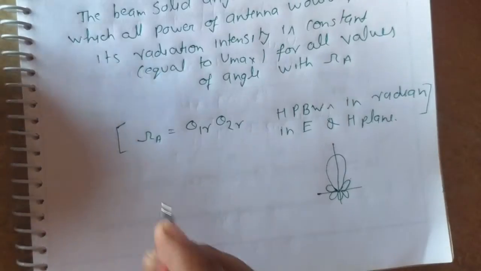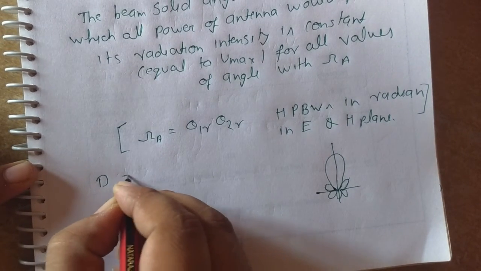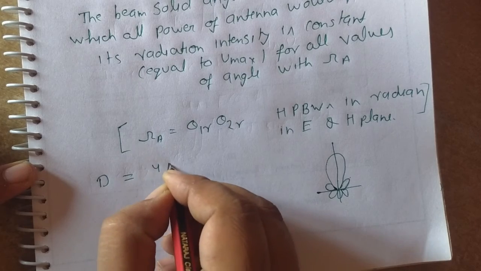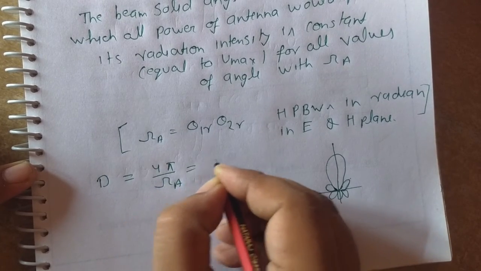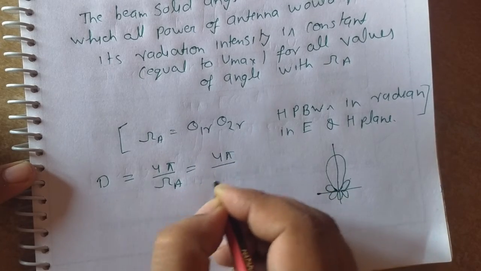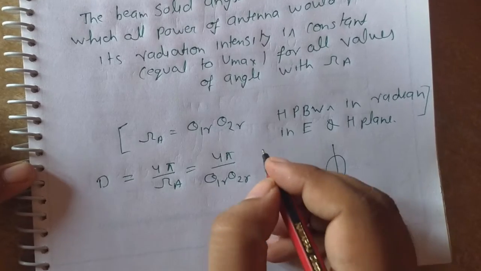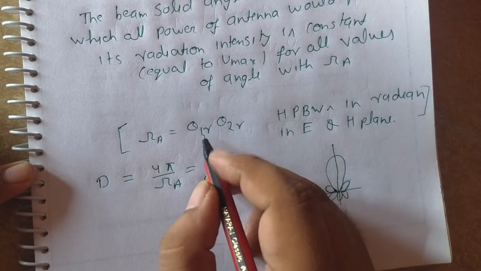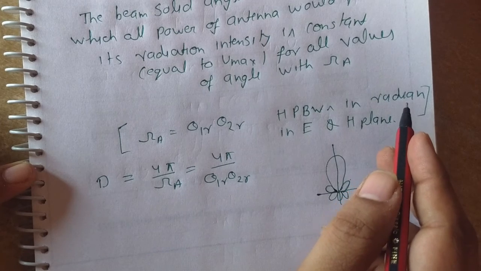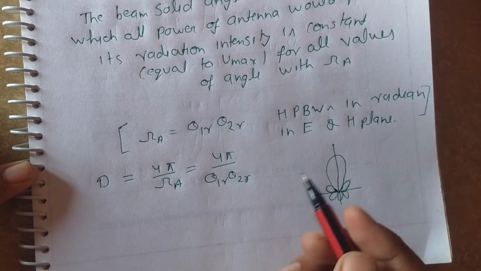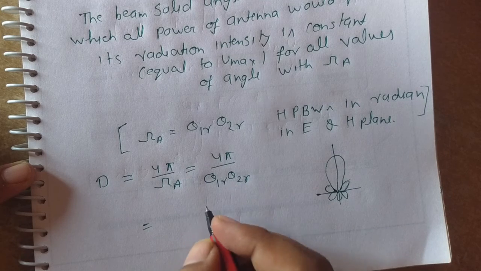So we can write here directivity will be equal to 4 pi upon beam solid angle, or you can write here 4 pi upon theta 1r theta 2r. Okay, so you can see here the values of theta 1r and theta 2r are in radian. So to calculate this in degrees, you have to convert this quantity into degrees.